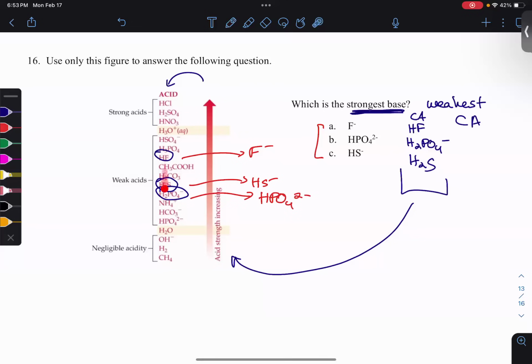So based upon this ordering, HF is the strongest acid, but F minus is going to be the crappiest base. So therefore, H2PO4 minus is the weakest acid, so therefore HPO4 2 minus is the strongest base. So see how we got that? We're looking for the conjugates here, right? So it's not a mistake. Don't be like, oh, we can't answer this. Yes, we can.